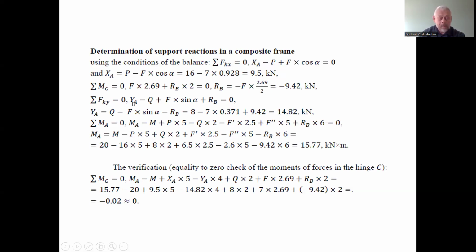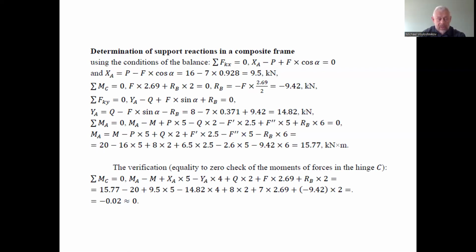On the vertical axis we have the projection of forces: YA, the vertical direction in the embedding A, minus Q, the concentrated force acting on the upper rod, plus F sine alpha, the component of projection on the vertical axis of the external load F on the rod CD, plus RB, the reaction in the support B. After the mathematical transform and substitution of the magnitudes, we found that YA, the vertical projection of the support reaction at point A, is 14.82 kilonewton.